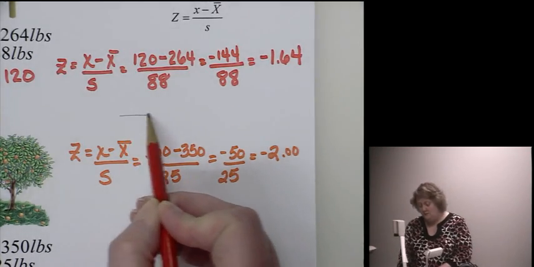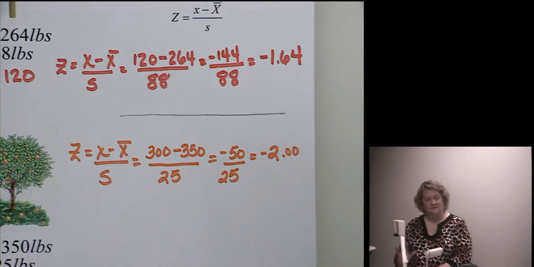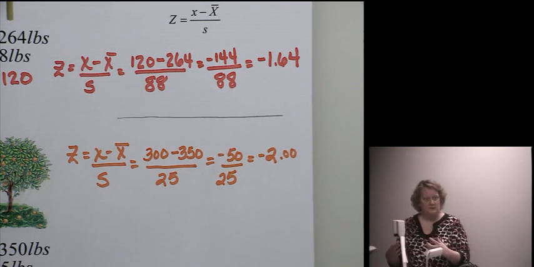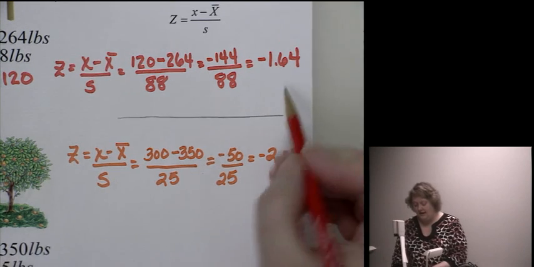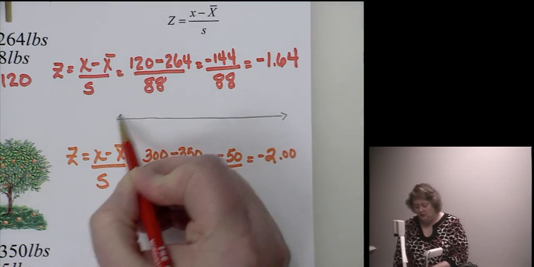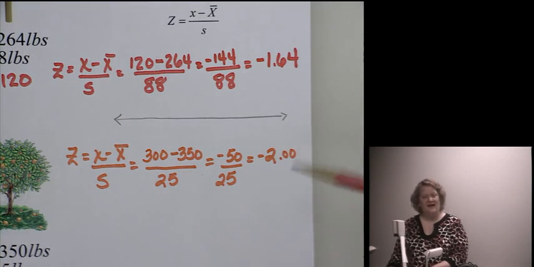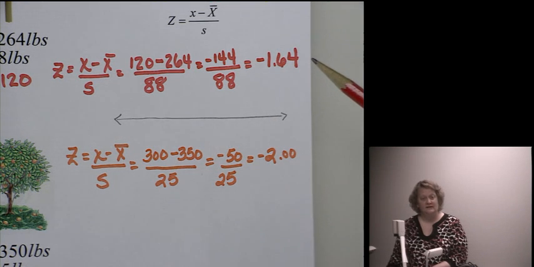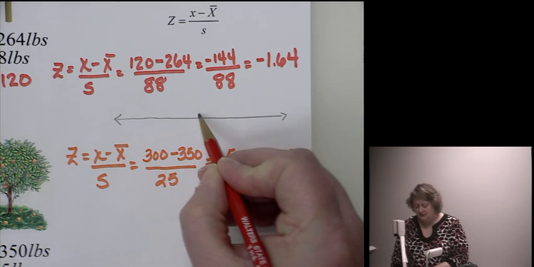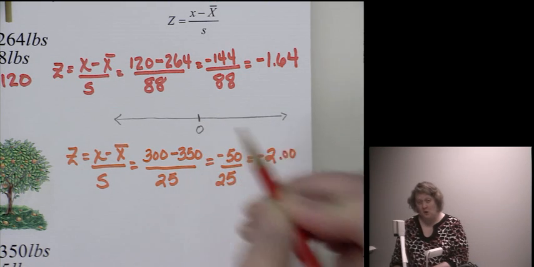Well, if we go back to our number line, because I'm a very visual person and I want to show you that way, the worst one will not be the one with the highest z-score, but the one with the lowest z-score. If I want to know which one had the best year, I pick the one with the highest z-score. So you've got to be careful that you read your problems.